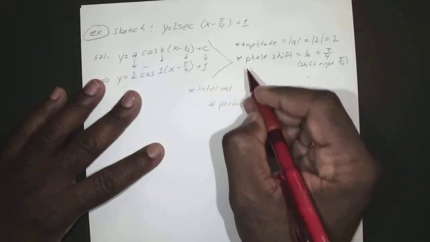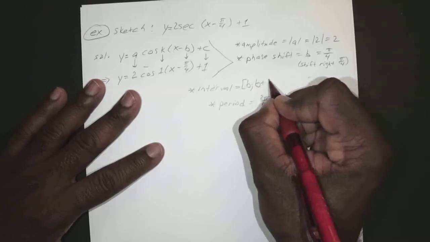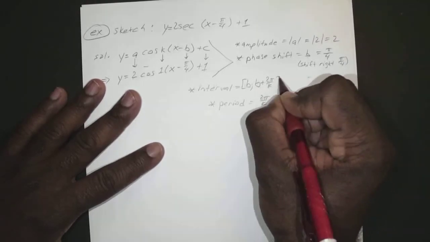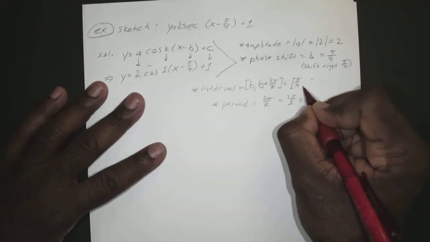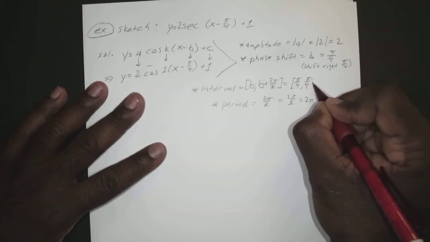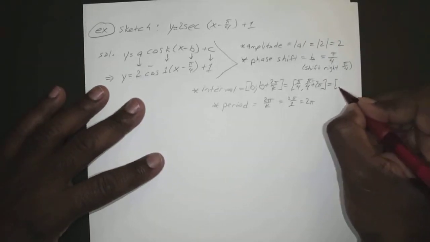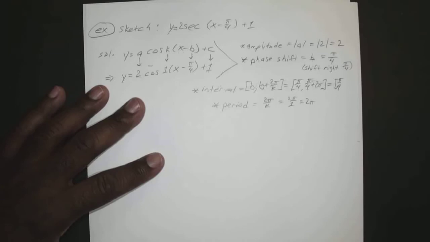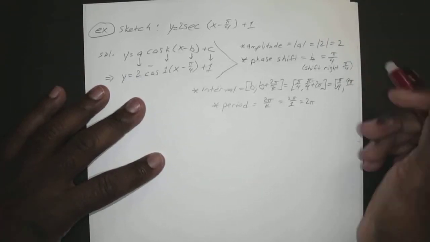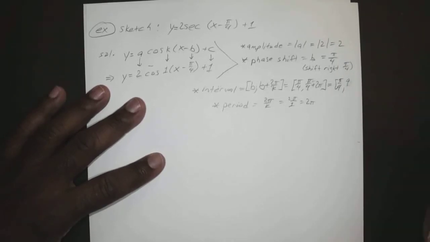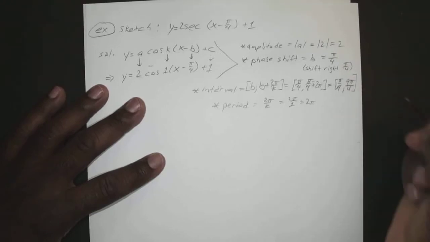Okay, so our interval, we know that's b and b plus 2 pi over k, which is pi over 4, pi over 4 plus 2 pi. Still ran out of room. Pi over 4, 9 pi over 4. And not too bad. It's readable. There we go.